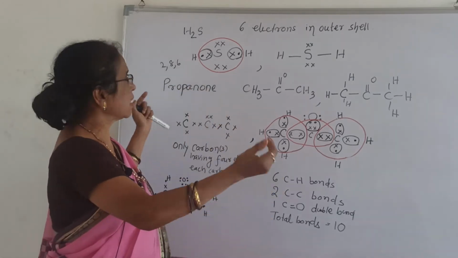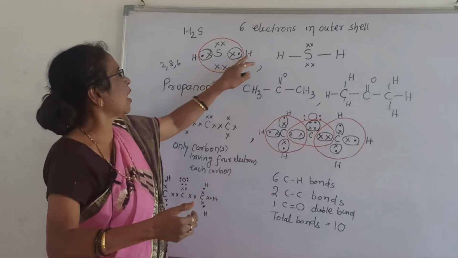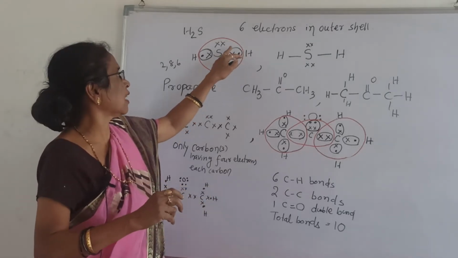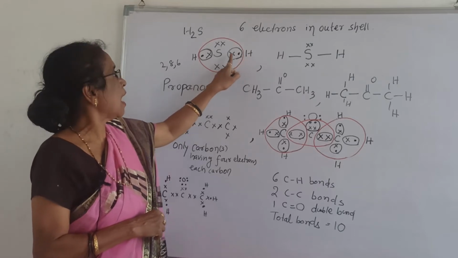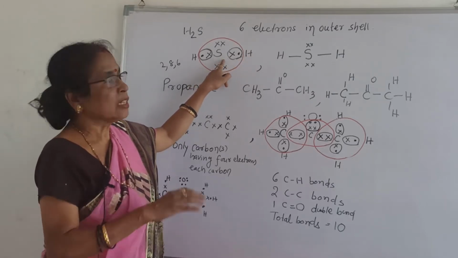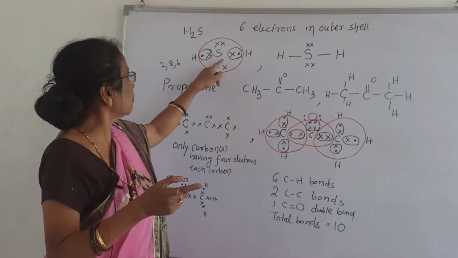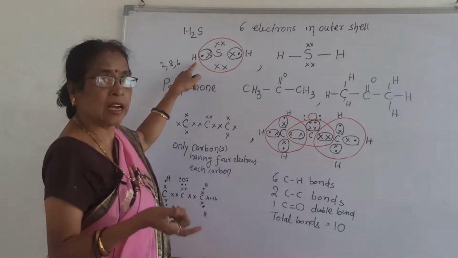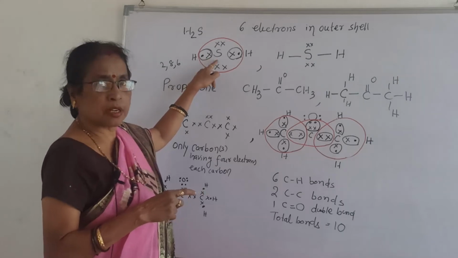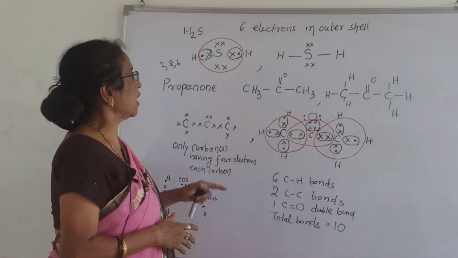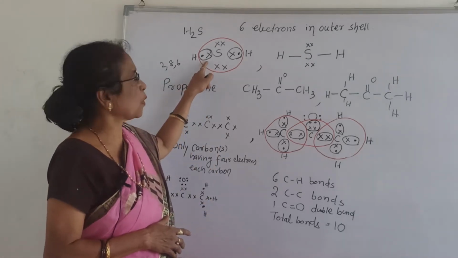On both sides, left and right, one hydrogen electron sharing takes place. The electron from hydrogen and the electron from sulfur are shared, and a covalent bond forms. Similarly, on the other side, the electron from hydrogen and the electron from sulfur share and a covalent bond is produced.